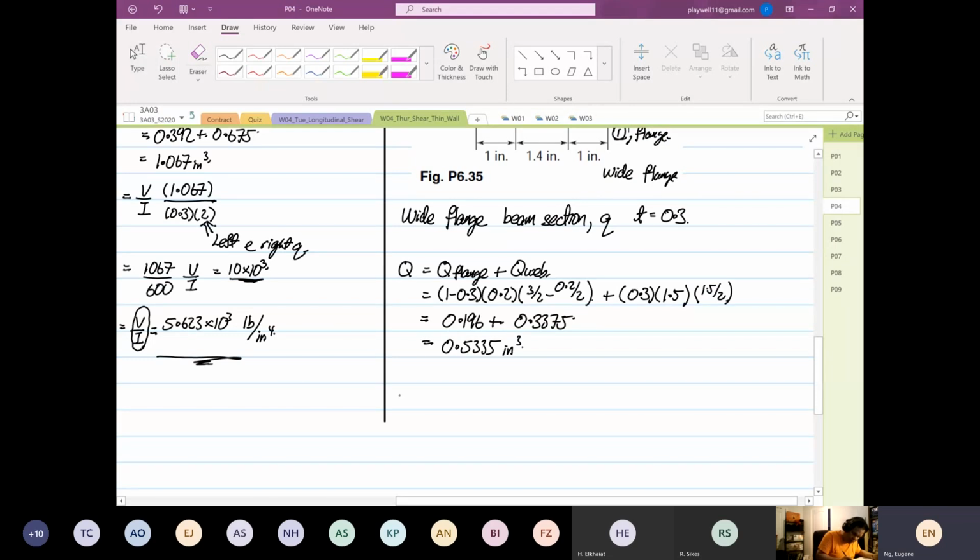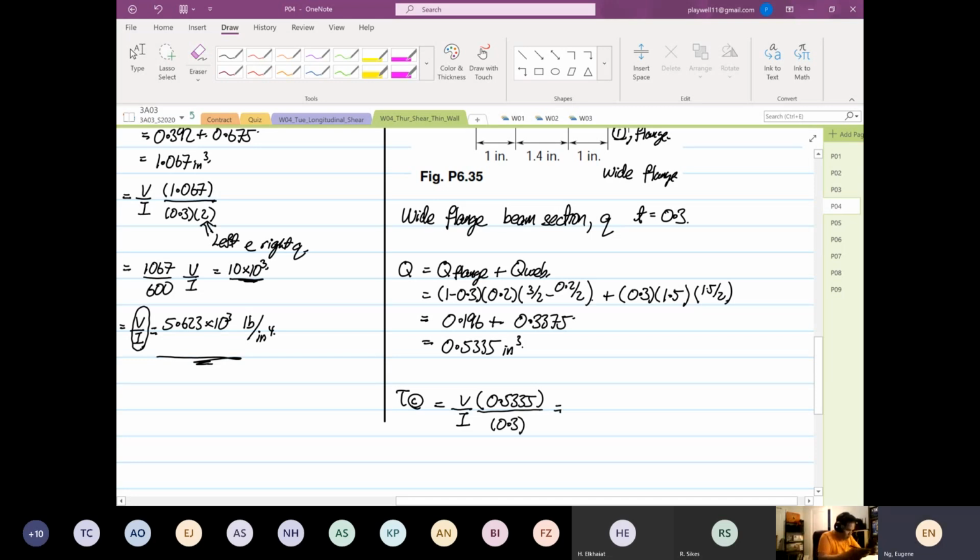So your shear stress at point C is equal to V over I common times Q over t. The Q is 0.5335, and the thickness is 0.3.